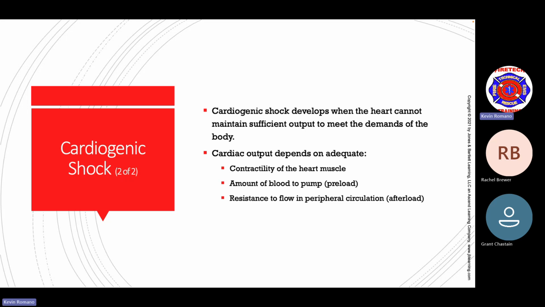If you have significant ST elevation in 2, 3, and aVF, that's your right coronary artery that has a significant blockage, which also means you're probably going to have, in conjunction with that, hypotension. Why are they hypotensive? Because the inferior wall of the heart also controls your preload, which then can turn into a cardiogenic issue and or pulmonary edema.